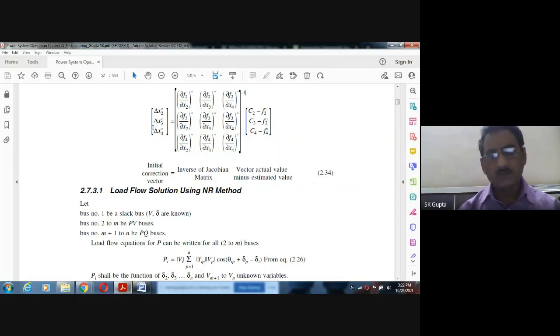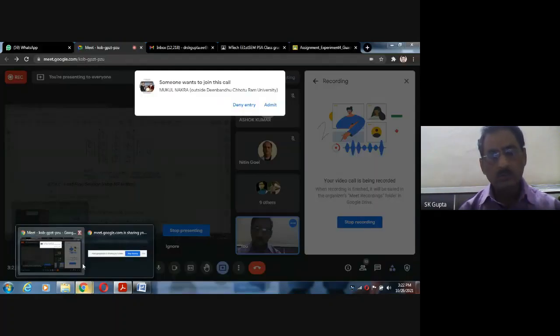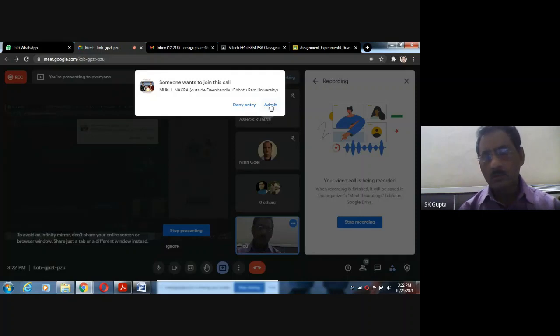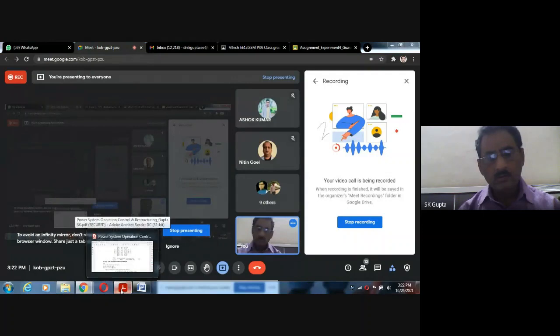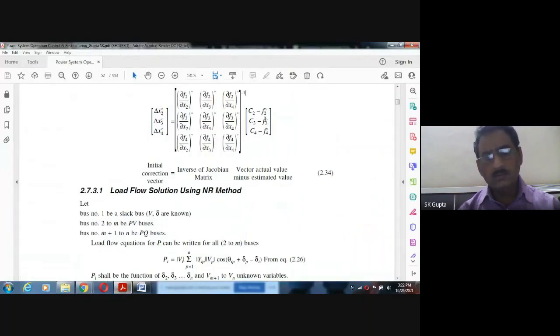Once we find the error, what will we do? This error will be added to the estimated value, so the first iterated value of x2 will be x2 plus this, x3 plus this, x4 plus this. This is the value of error.